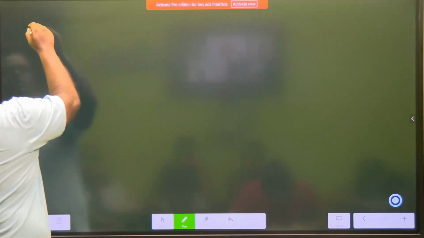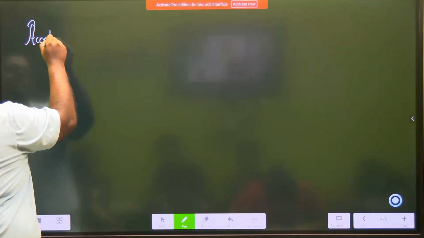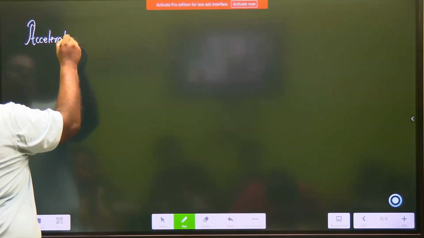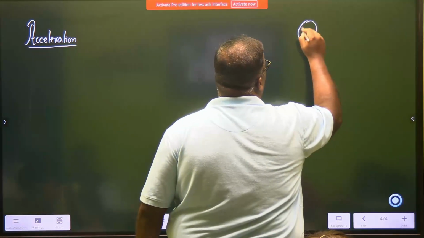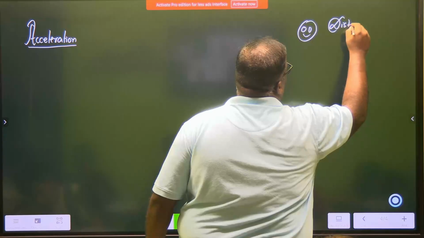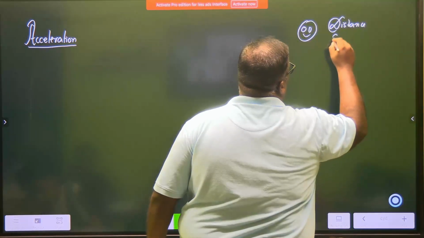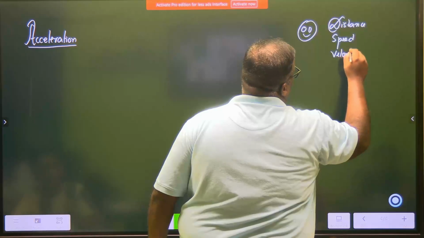Our next character in this story is acceleration. Achha, just for your sweet little memory, what all did you study so far? Distance, then speed, then velocity.